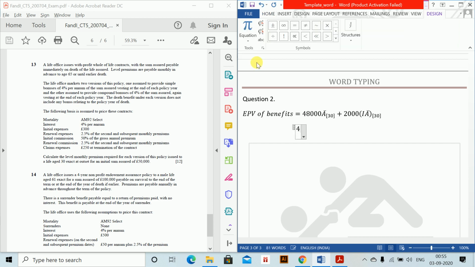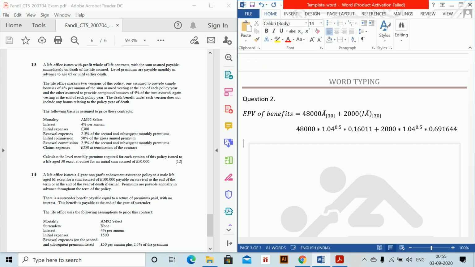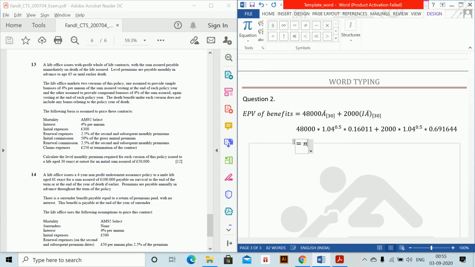EPV equals to 48,000 into 1.04 to the power 0.5 into 0.16116011 plus 2000 into 1.04 to the power 0.5 into 0.691644. So solving this, we get EPV equals to 21944.30.